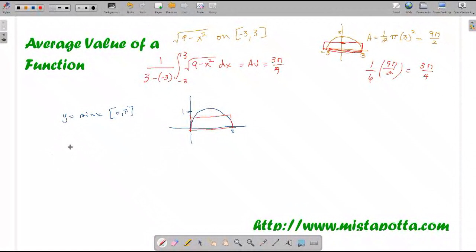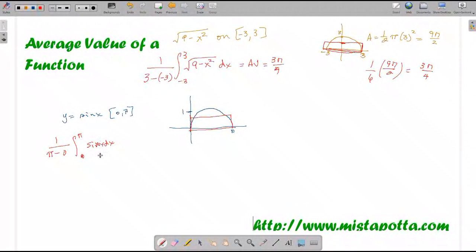And I know that the formula for that should be 1 over B minus A times the antiderivative from A to B of my function dx.